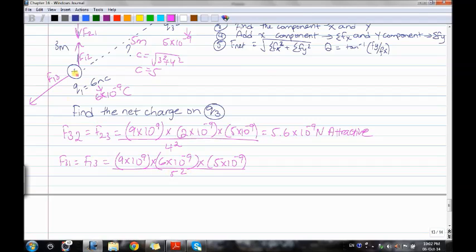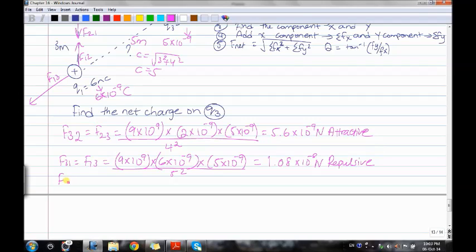Because as you can see, F13 and F31 are on this line, so it's 5 meters. So the answer would be 1.08 times 10 to the power of negative 8 Newton, and it's repulsive because they are both like charges, they're both positive charges.